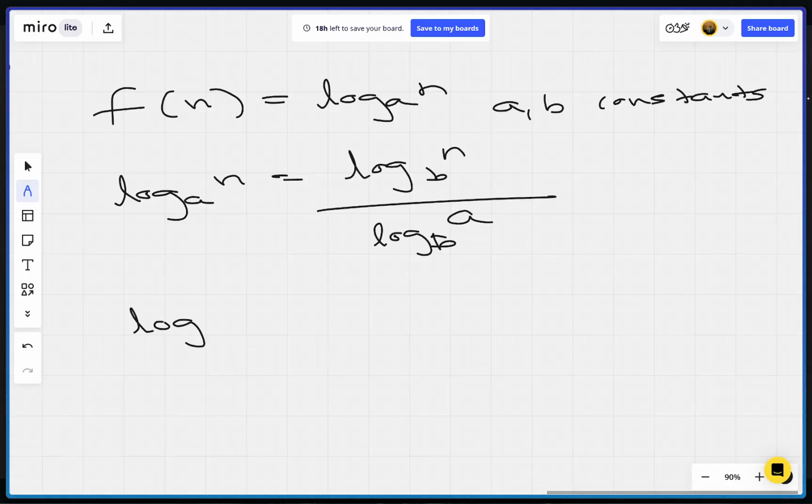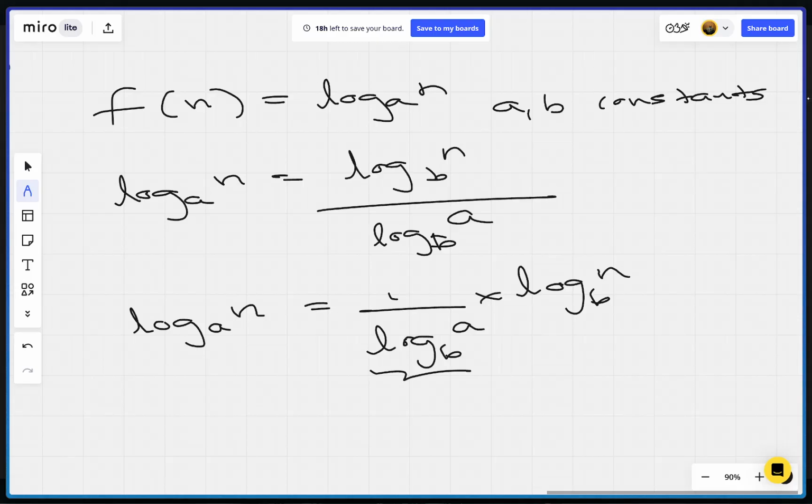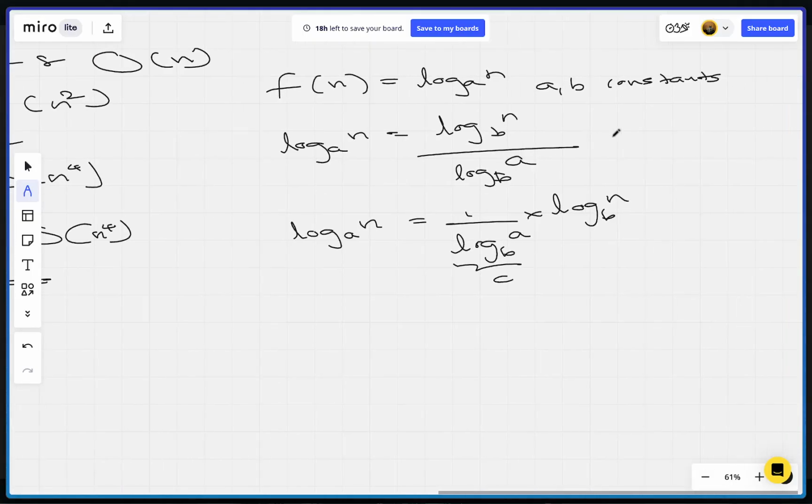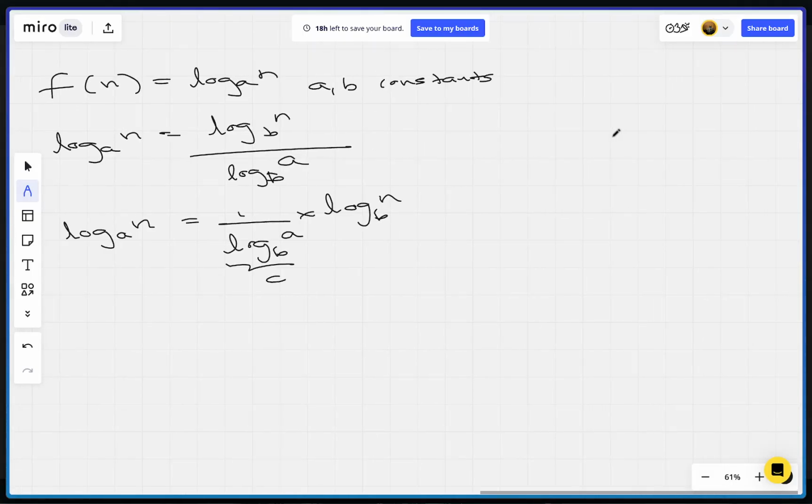Therefore, we can say log base a of n is equal to 1 over log base b of a times log base b of n. Over here, this is a constant. So we can say log base a of n equals C times log base b of n.